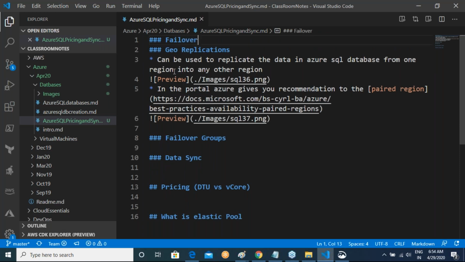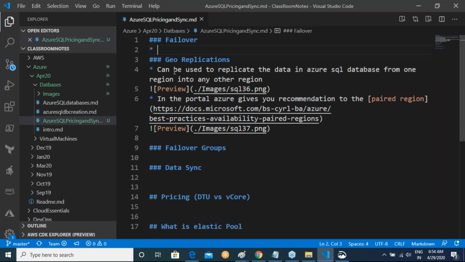Failover. Business continuity and failover. This is also called as BCDR.